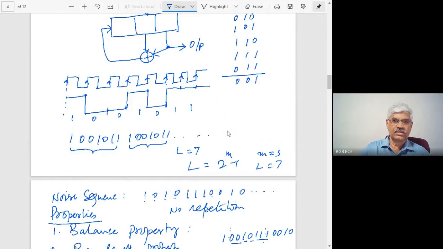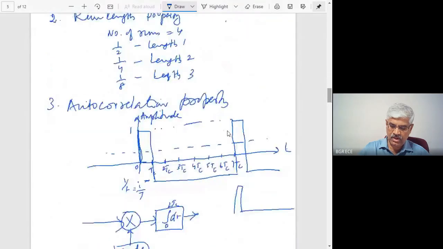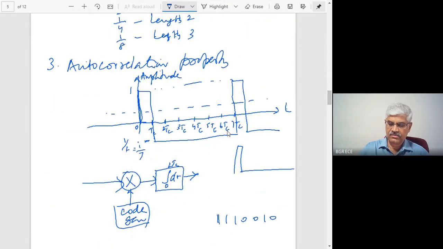And therefore it will help us to hide behind another signal, to show as if it is noise only, so that the enemy will not understand your signal, whereas the intended receiver will understand that our signal is built into this, and we can easily get back the original signal by passing it through an autocorrelator and receive it properly. So this is one important property this sequence has.